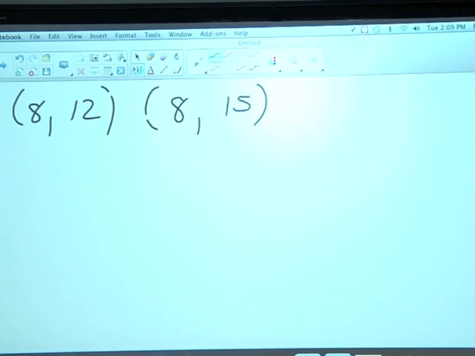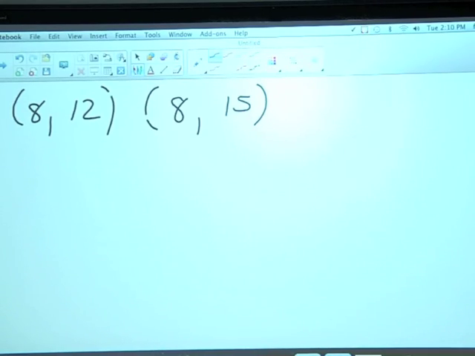Three over 0. 3 over 0, which is? Undefined.